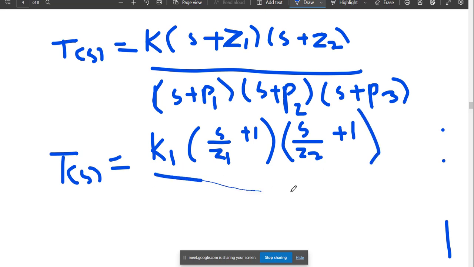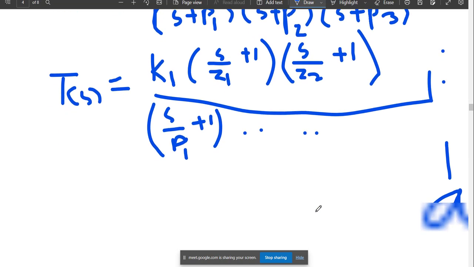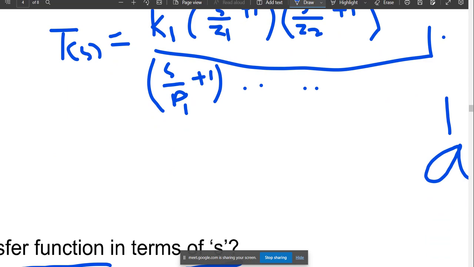Similarly, at the denominator, S divided by P1 plus 1, and so on. Understood till here? Yes, ma'am.